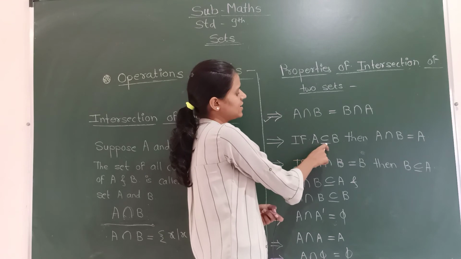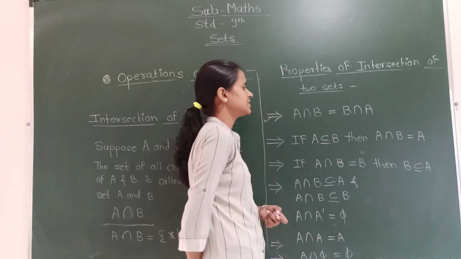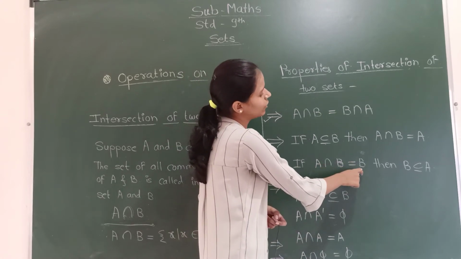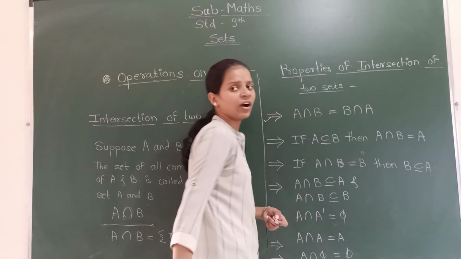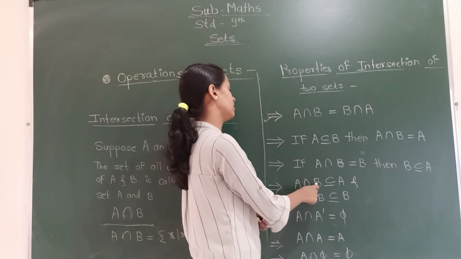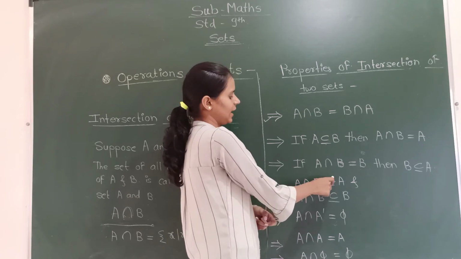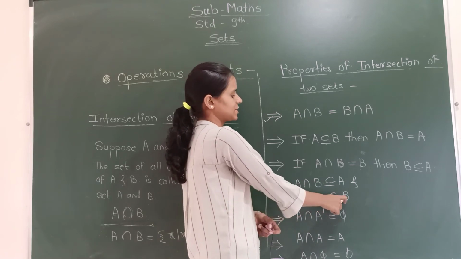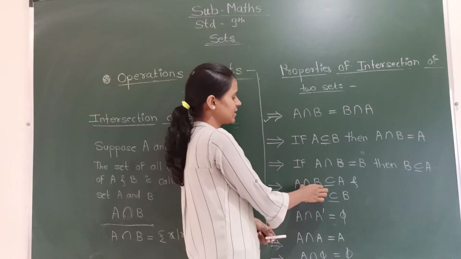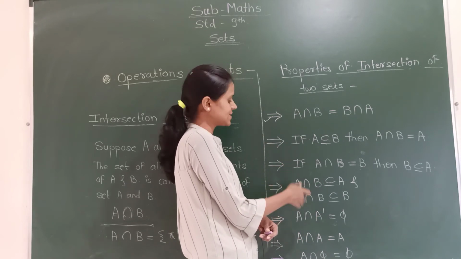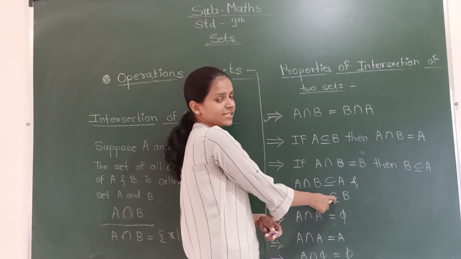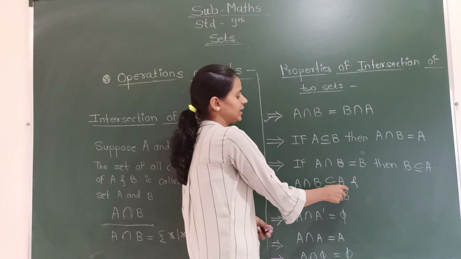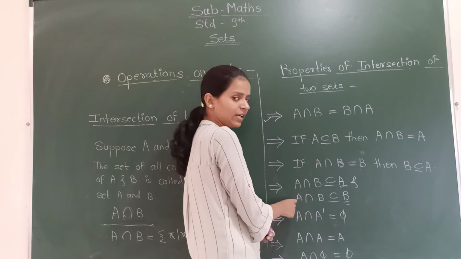Second is if A is a subset of B, then A intersection B is equal to A. Next one, if A intersection B is equal to B, then B will be a subset of A. After that, A intersection B is a subset of A, and A intersection B is a subset of B. If we look at the previous example, A intersection B is also a subset of B. Like that, there can be a case where you get the same set as set A and set B. This can happen in some cases.